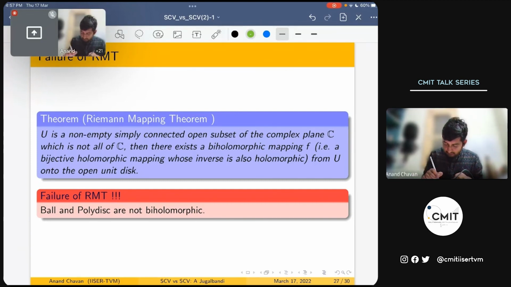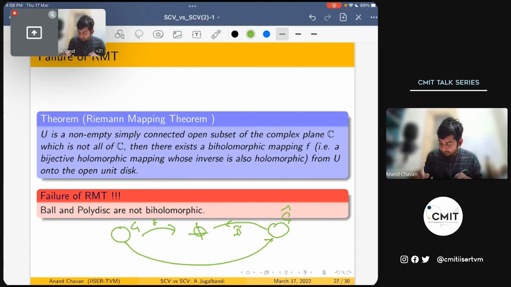In the Riemann mapping theorem, if I have a set G, I map it with F to the open unit disk, and if I have another open set, say G tilde, I map it again with the function F tilde to the open unit disk, and so I can have a biholomorphism between any two proper open connected sets. Observe that the ball and the polydisk are proper open connected sets in Cn, and they fail to be biholomorphic, and thus the Riemann mapping theorem fails here.